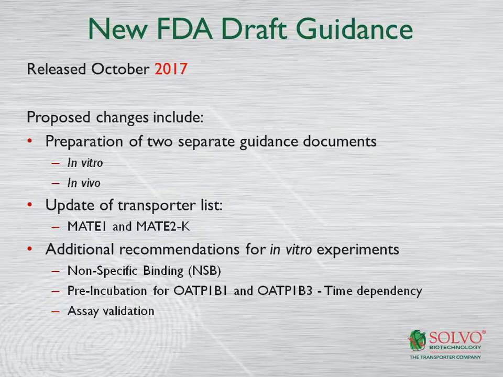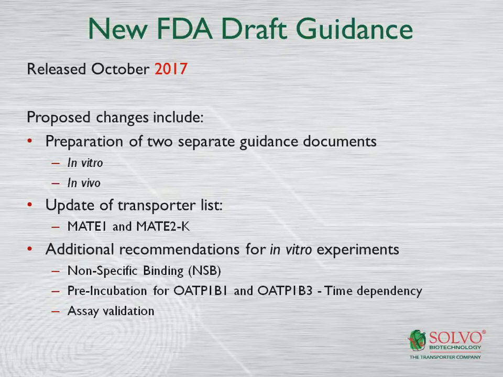I will talk a little bit more about the recent FDA guideline. This guidance is separated into two parts, an in vitro and an in vivo part. In the in vitro part, they go into more detail on the CYP enzymes and on transporters and how to study the transporters. As I mentioned, MATE1 and MATE2-K are already included.